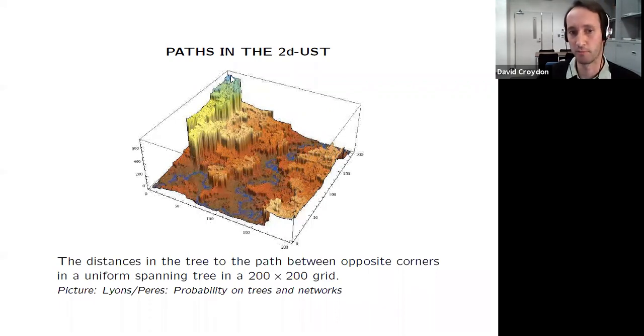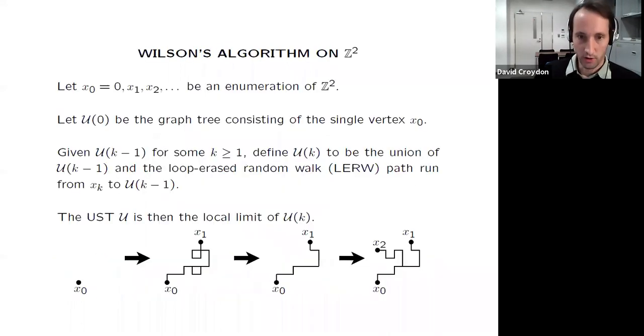To get up to this corner, we have to climb the mountain step by step. The big cliffs represent exactly the jumps from one part of the tree to another part of the tree, and they represent how much intrinsic distance you have to go between these. That's one path in the uniform spanning tree.